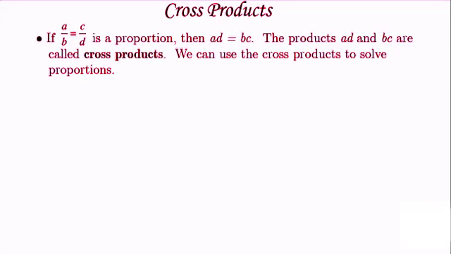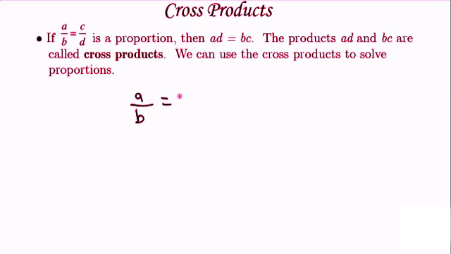Cross products are frequently used in order to solve proportions. What a cross product is: if A over B equals C over D, which is a proportion, then we can say that AD equals BC. We arrive at cross products through what's called cross multiplication.